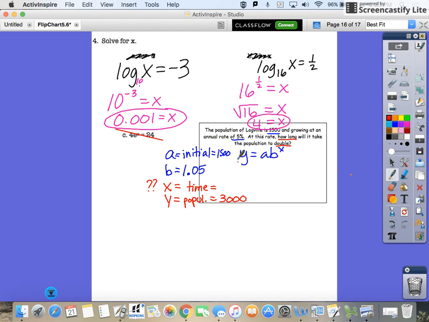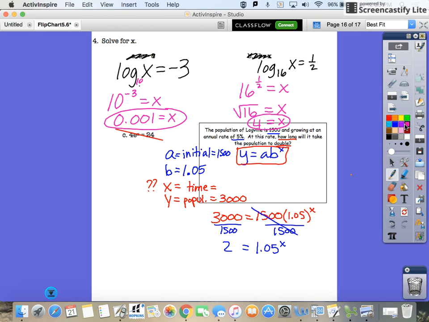So if we fill in what we know into this formula, we got 3,000 equals 1,500 times b to the power of x, b we know is 1.05 to the power of x, which we don't know. Divide by 1,500, divide by 1,500. 2 is equal to 1.05 to the power of x.